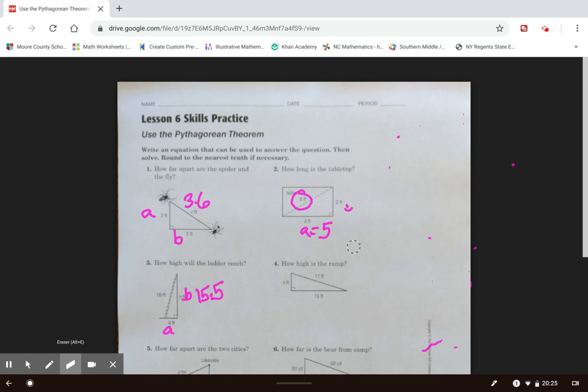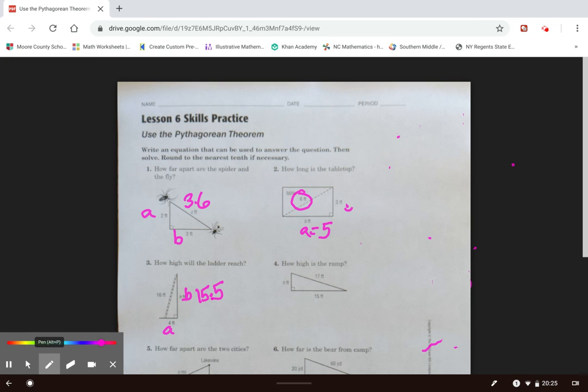All right, so for my last one, number 4, it says, how high is the ramp? So again, I have a right triangle. My hypotenuse, that side across from the right angle, I see is 17. So then I'm looking for the height, which is a leg, and then I know another leg, which is 15.